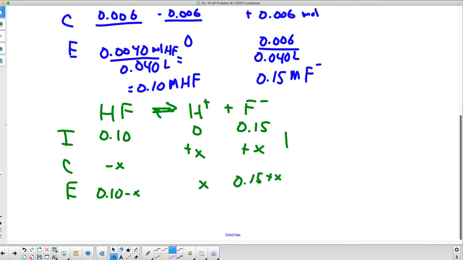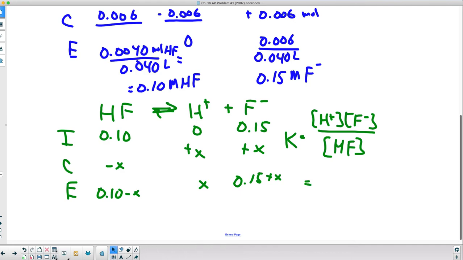Now here's the cool part about this. When I separate the weak acid into the concentration of H plus times the concentration of F minus, all divided by the weak acid HF, I'm going to substitute in what I have. As always, which is why I love Chapter 16, I can get rid of the plus x there, and I can get rid of the minus x there.